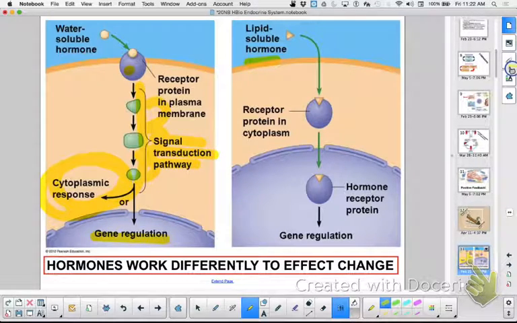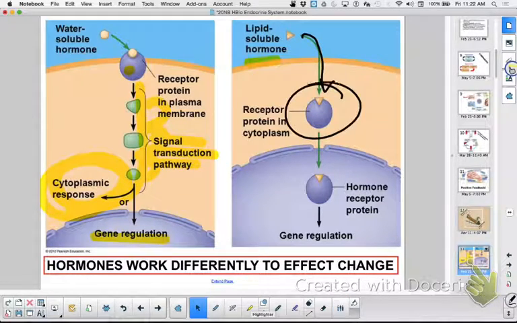What category do steroids fall under? Lipids. Lipids are soluble into other lipids. So they can come right through the cell membrane, and their receptor is inside. It might be inside the cytoplasm, or it may not bind to something until it's all the way into the nucleus. And then it affects gene expression and what proteins are made.